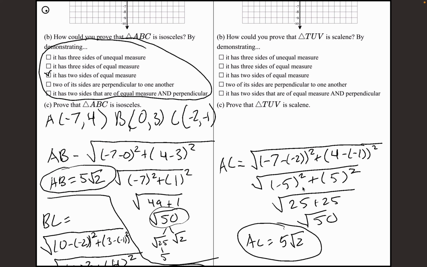Now, the way I assigned this, you should not have any answers that have perpendicular. We're just going to be working with isosceles and scalene. Those are the only questions that you should be getting. So the only 2 options you should really be putting are it has 2 sides of equal measure or it has 3 sides of unequal measure. Those are the only two examples that we're going to be working with.